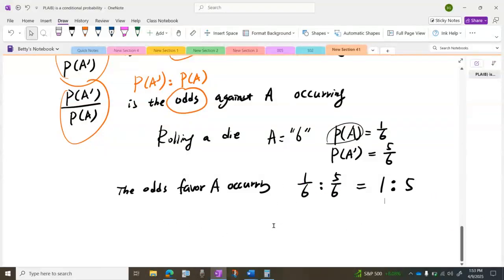People who work in a casino use the concept of odds more than probability, because they can see my chance of winning and my chance of losing in comparison together, right? So the odds of winning in this simple game is 1 to 5.